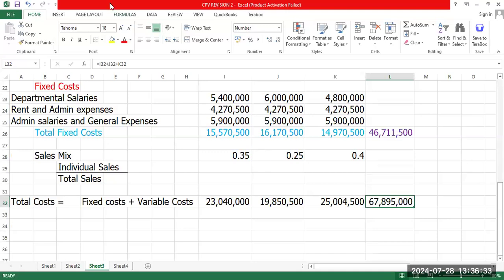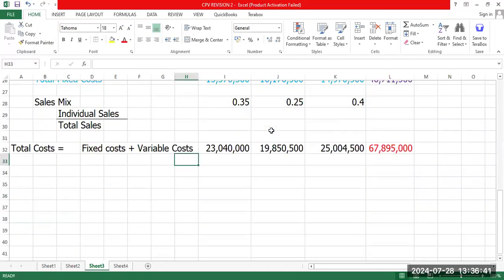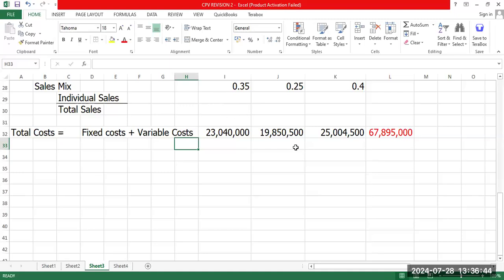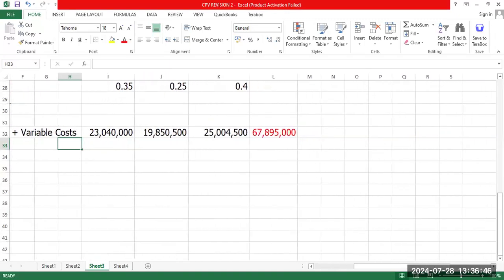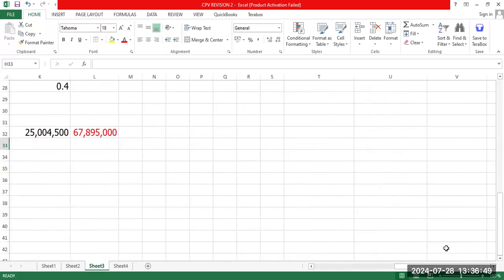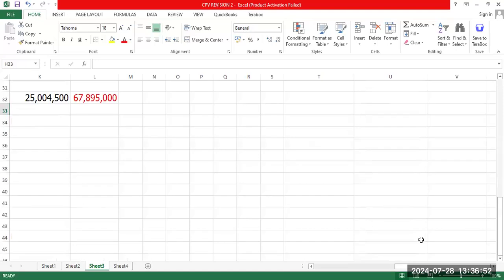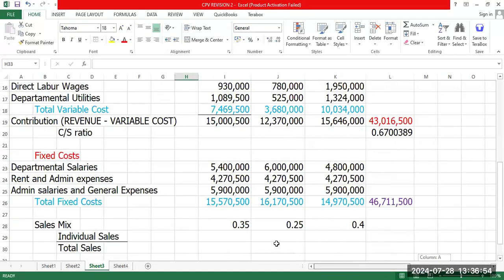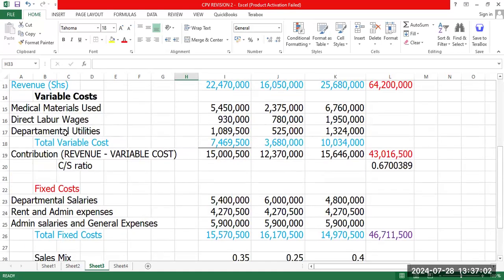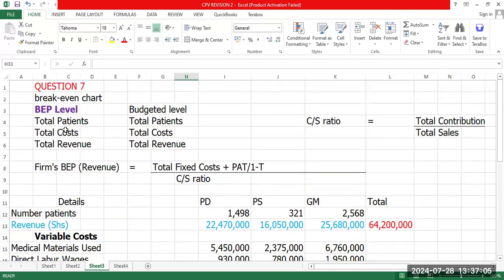But you see this question, colleagues, you need to apply good reasoning. Remember the total costs you're getting are based on what? Based on the break-even point level.